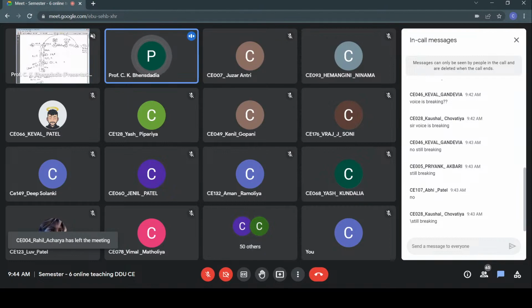Actually, they have power. There is a Wi-Fi issue. JTPL is functioning too. I'm using my hotspot, if that is the problem.